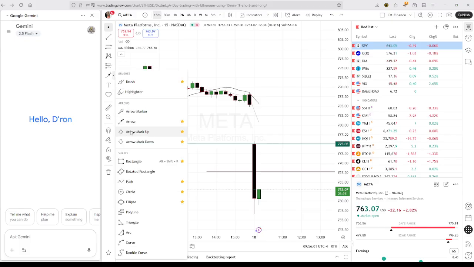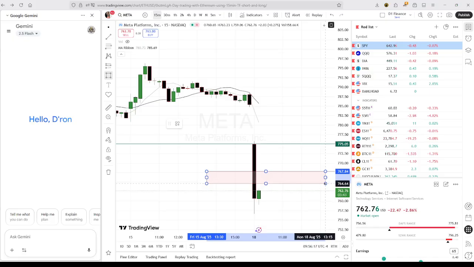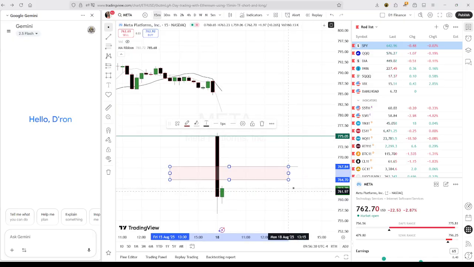So it's going to be in this area here. 764.70. And it just hit it perfectly there. Bingo. 764.70.